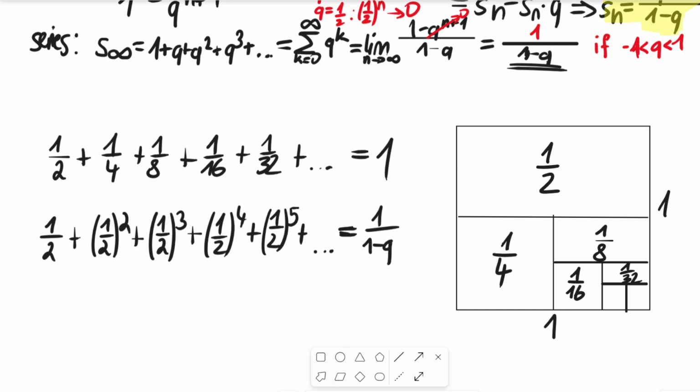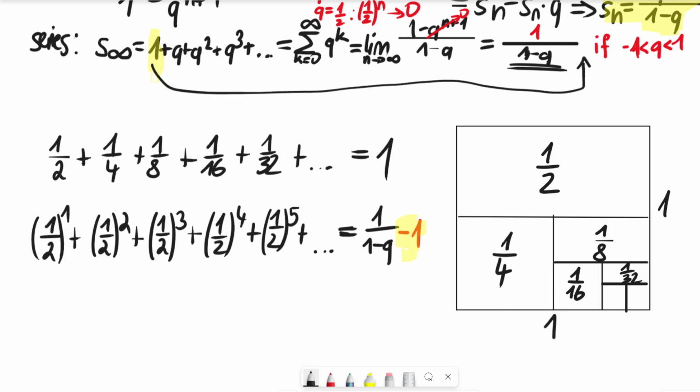But be careful, if you look here, there was actually a 1 which was not included here because we started directly with index 1, not with index 0. So you have to subtract a 1 here, so that you can use the above formula. So just put the 1 to the right side here if you want. Okay, but what is the q in our case?